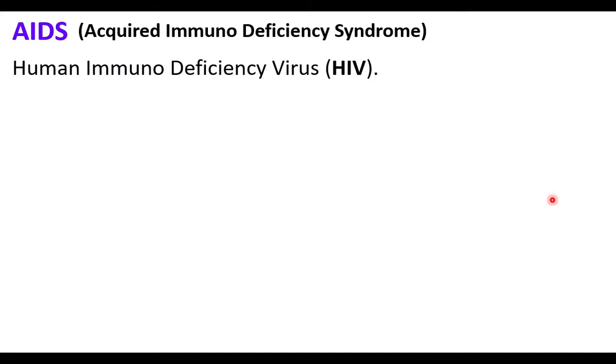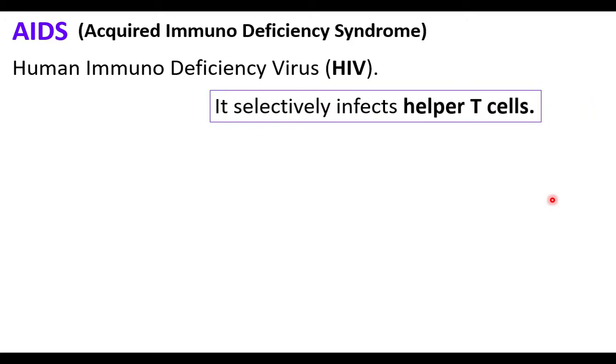AIDS is acquired immunodeficiency syndrome. It is a viral disease. It is caused by the human immunodeficiency virus. It selectively infects T helper cells. After the infection, our immunity is activated.